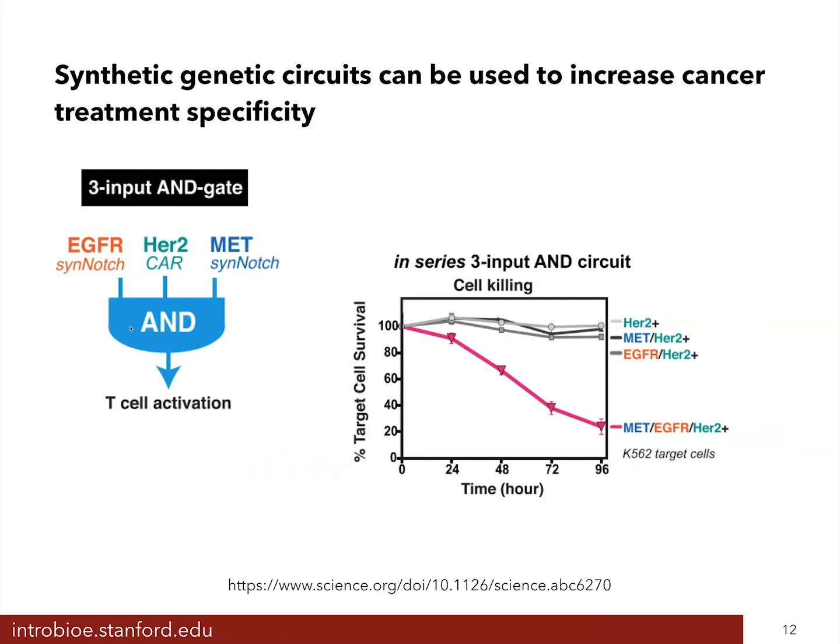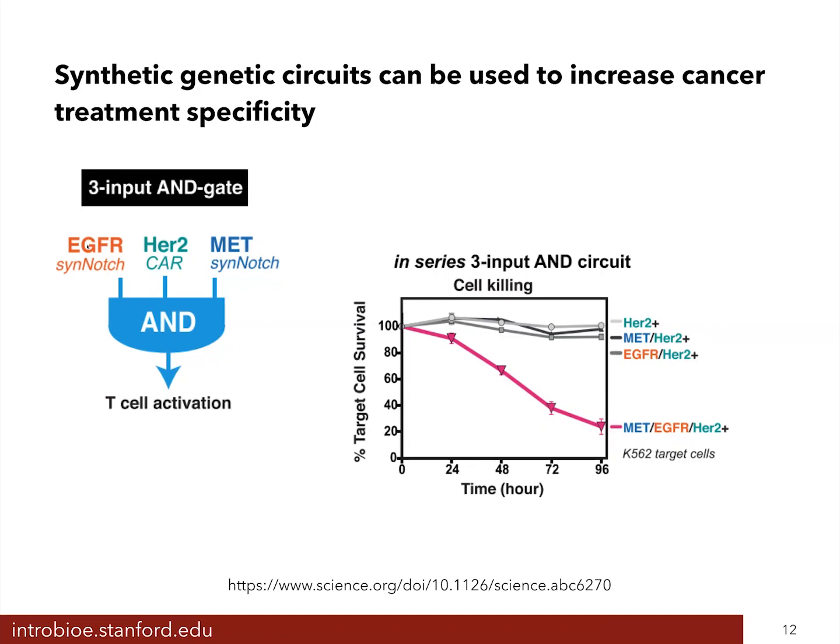And the T cell needs to be very specific and only start killing cancerous cells, because if it starts killing other cells within your body, it can cause a lot of side effects and be potentially detrimental to your health. And so an AND gate can be implemented in order to help the T cell very specifically kill cancer cells by very specifically recognizing things that are only on the surface of cancer cells.